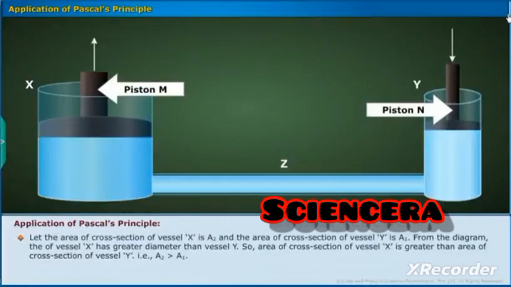Let the area of cross-section of vessel X be A2 and the area of cross-section of vessel Y be A1. From the diagram, vessel X has greater diameter than vessel Y. So, the area of cross-section of vessel X is greater than the area of cross-section of vessel Y. That is, A2 is greater than A1.